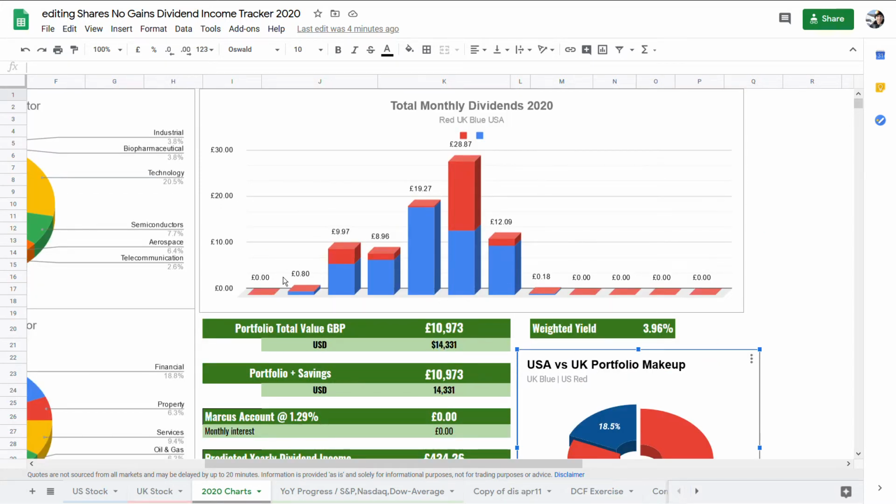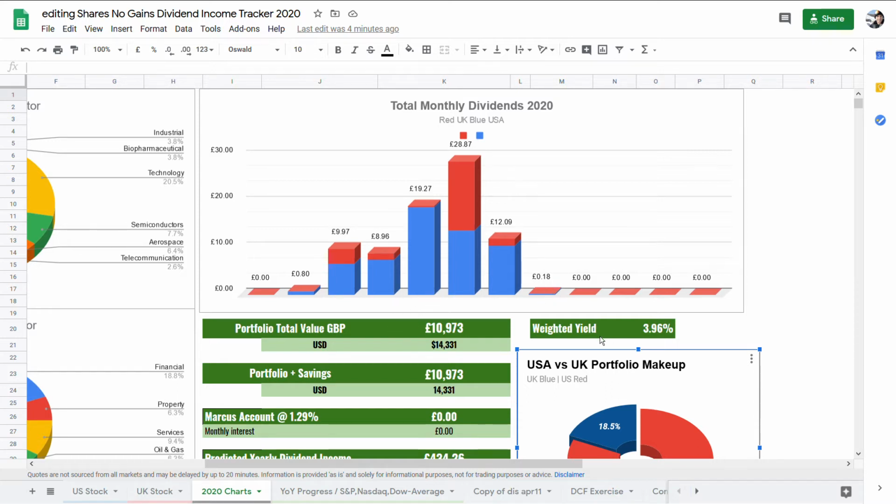So I can see the breakdown from January, February, March, April, May, June, July. June is my biggest payment month so far, and many of them were actually UK stocks. So Legal & General paid me in this month. And this month just started, so August, 18 pence so far.